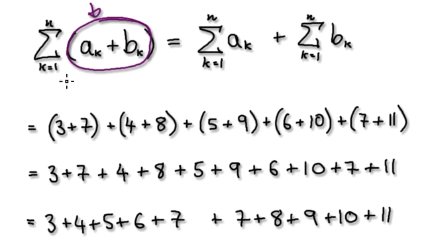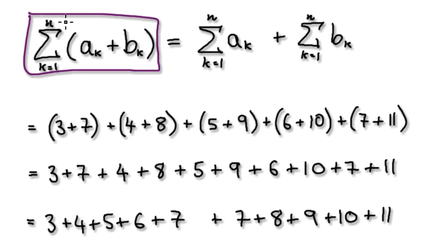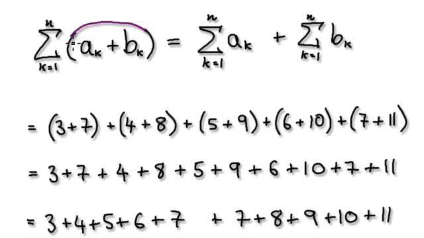So, for example, let's just say the sequence here starts with a 3, and this one here starts with a 7. You read this as a pair, so the first pair will be 3 and 7.